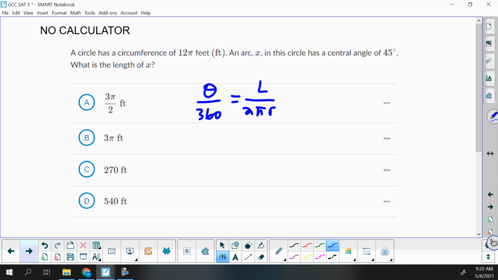They tell us the central angle is 45, so we've got 45 over 360. The arc length they're telling us is x. And they tell us the circumference is 12 pi. Well, that's the entire 2 pi r. So here they were testing that you knew that that 2 pi r was actually just the circumference formula.